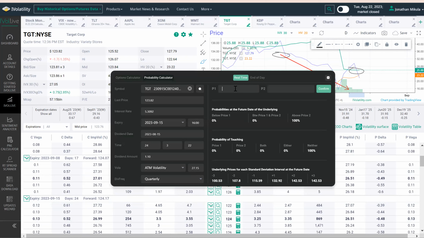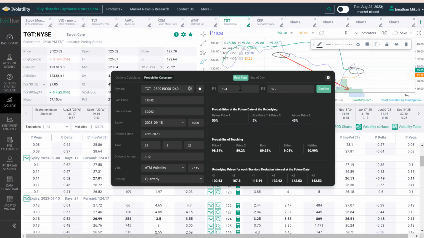What's the likelihood we'll be below the current price, 124? What's the likelihood we'll be above the next strike price, which in this case is 125? So it's a 50% chance we'll be below 124. It's a 45% chance we'll be above 125. It's only a 5% chance we'll be between price one and price two.